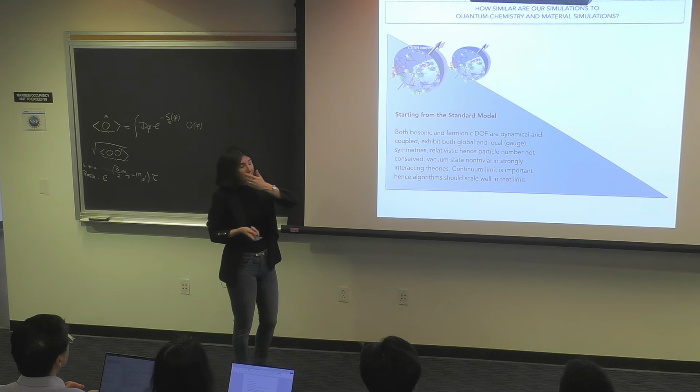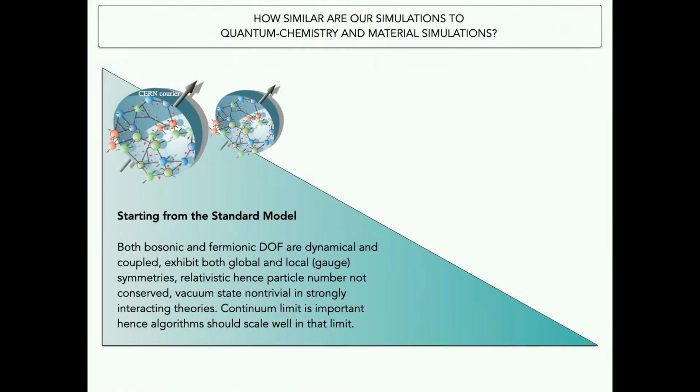But we also have to be mindful of the differences between our simulations and those kinds of simulations. For example, in quantum chemistry, we're dealing with a nonrelativistic quantum mechanical system. We're dealing with a relativistic quantum mechanical system. Okay? So we have both fermionic and bosonic degrees of freedom. Well, sometimes in quantum chemistry, you can do those as well. They're dynamical. They're coupled. They exhibit both local and global symmetries.